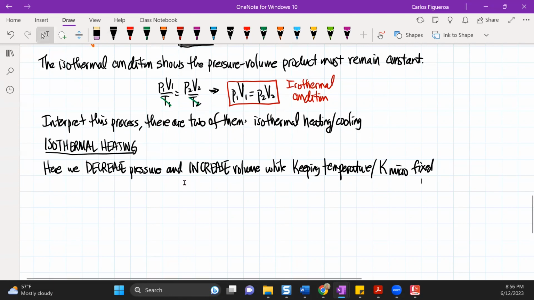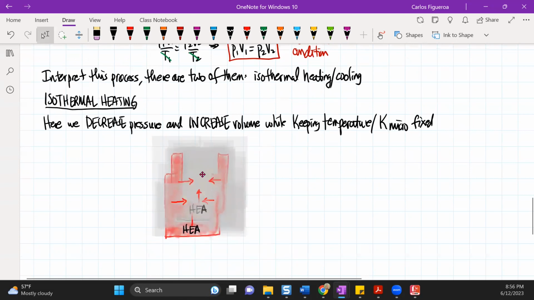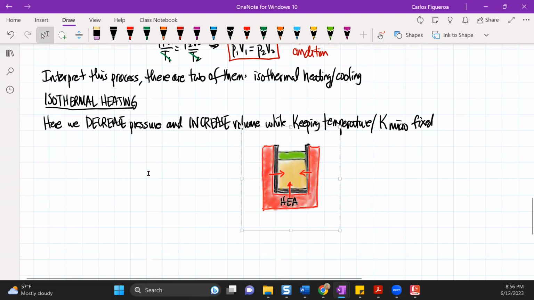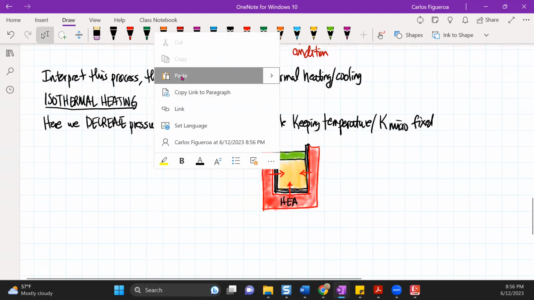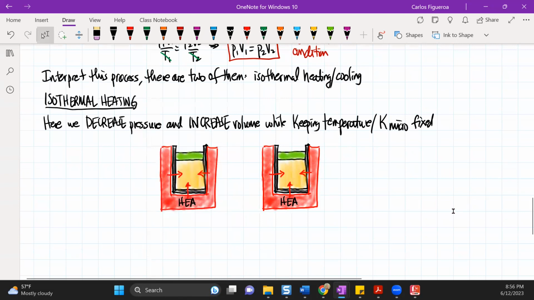I'm going to have to modify my picture, but here's what I'm looking at. So here's my system right here. I'm going to put this right here, and then I'm going to look at this again, and here's my pictures. What I need to do here is start off at a lower volume. So let's draw that in. So I have a small volume.